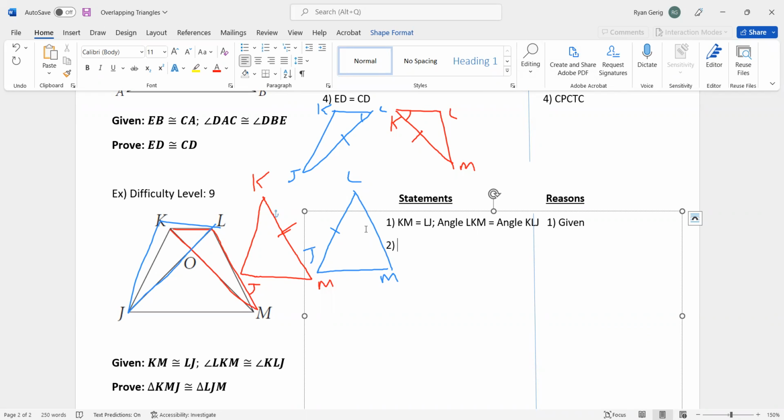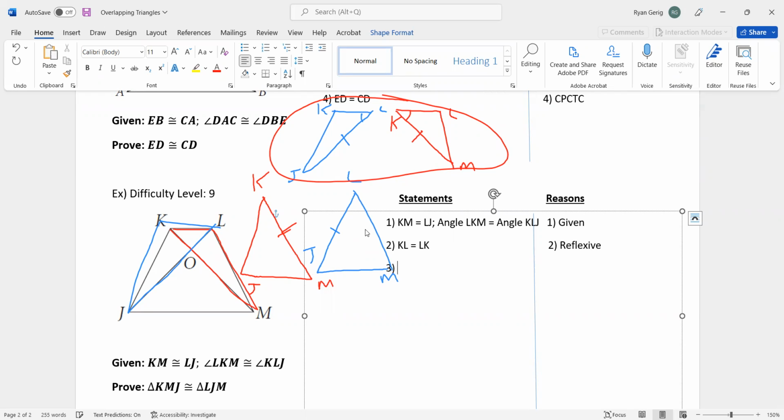Okay. Now I'm looking at the second set of pairs I did up here, and I'm going to say KL is congruent to LK. Reflexive, right?